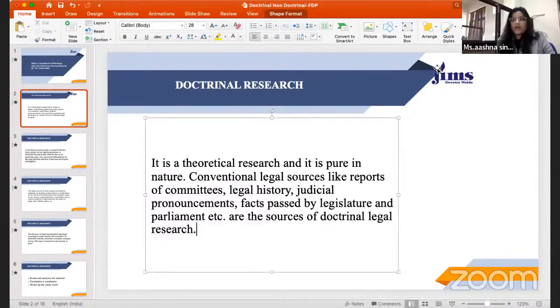As a researcher, when my plan of action is to go with doctrinal research, what exactly would I go for? What would be the materials that I would look for? Doctrinal research is also referred to as armchair research.